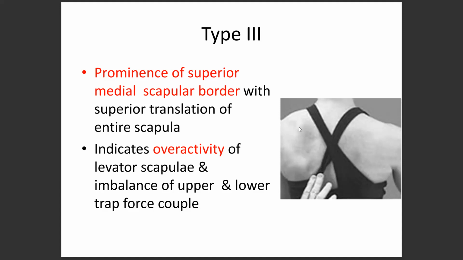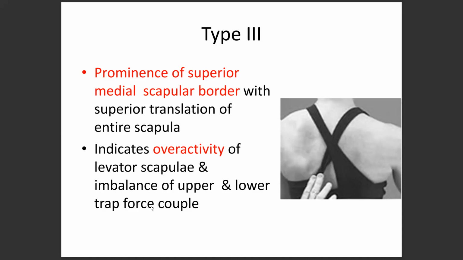The function of the levator scapulae is to elevate the scapula, but if this muscle is overactive, it will do more, और more की वजह से जो है ये scapula abnormally translate करेगा in the upward direction, which is the type 3 scapular dyskinesis.